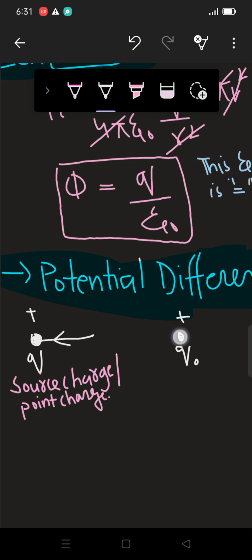So the work done in bringing 1 coulomb of charge inside the electric field is what we call the potential difference. The work done in moving 1 coulomb of charge from higher potential to the lower potential, which means from positive terminal to the negative terminal in an electric field, that is what we call the potential difference.